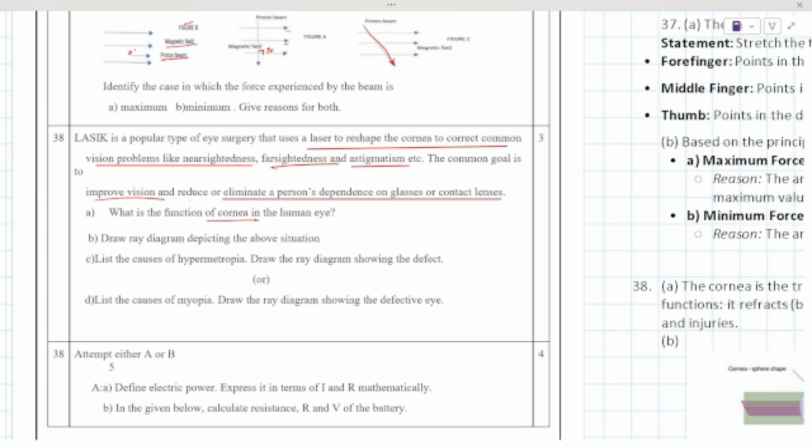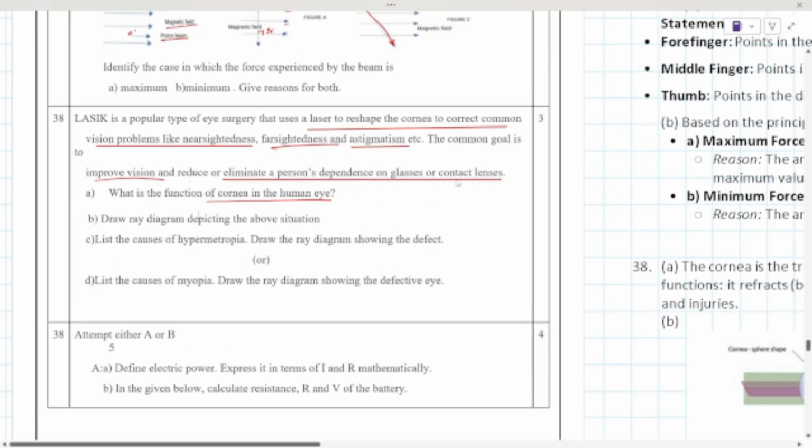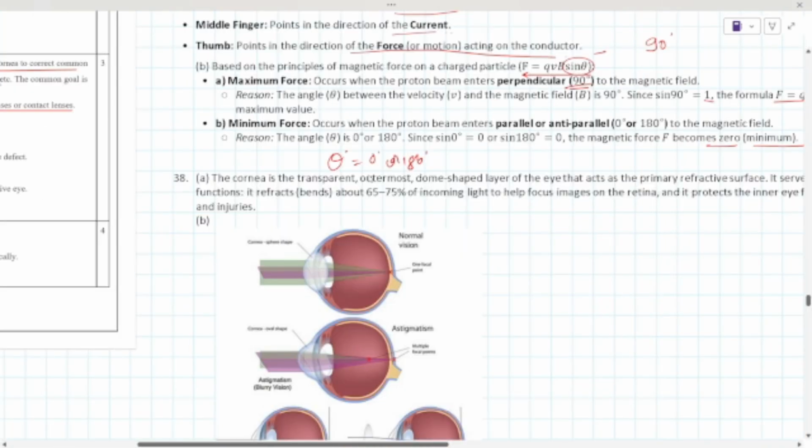What is the cornea of the eye? It protects the eye, very good. First, and then it also refracts the light rays more so that it enters the eye lens properly. Very good.